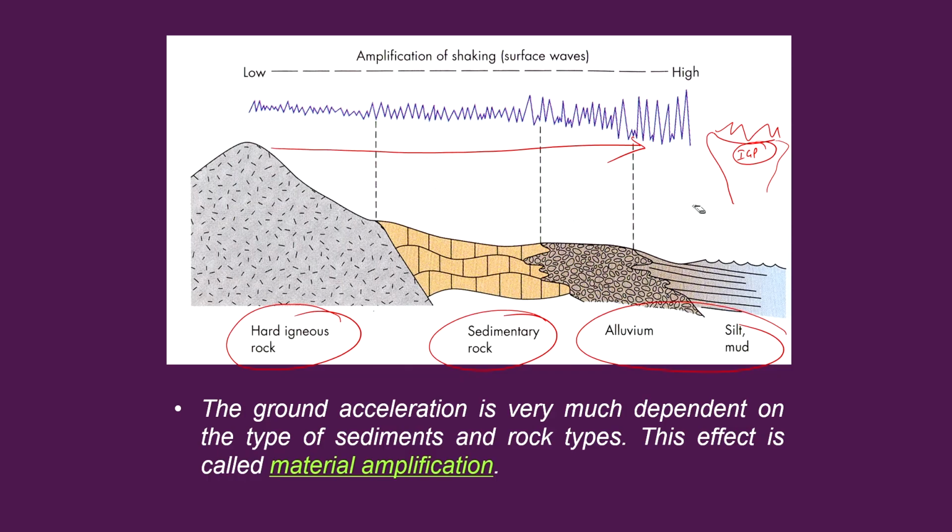So, the worrisome part is that if there is an earthquake in Himalaya, then you are going to see a very strong ground acceleration in this area. Okay. So, basically these sediments or the rock types which are available have to be taken into consideration when we are talking about the ground acceleration.